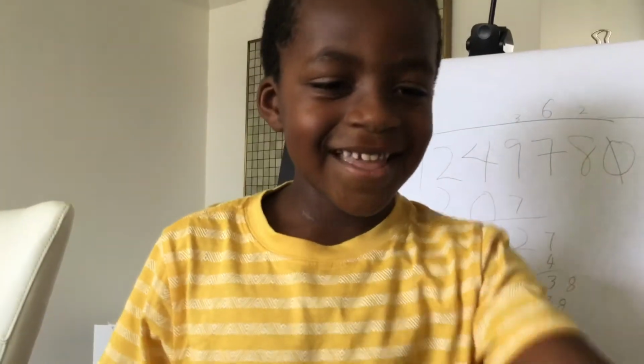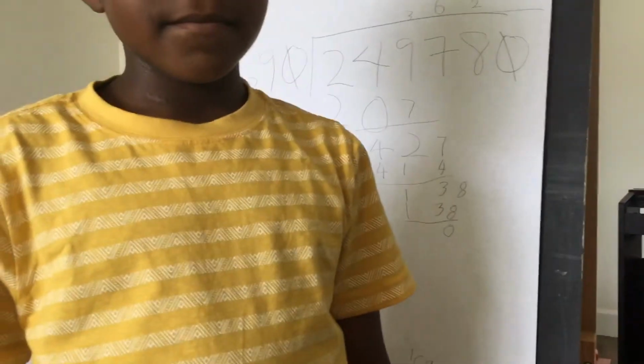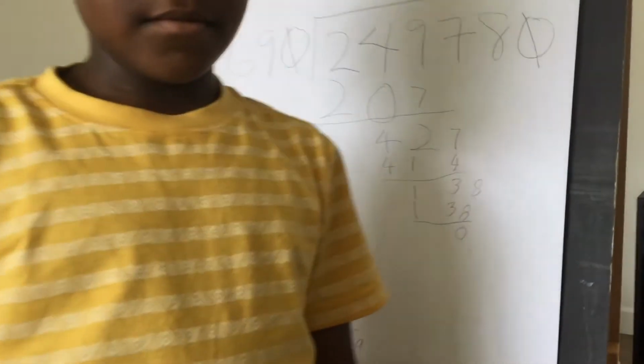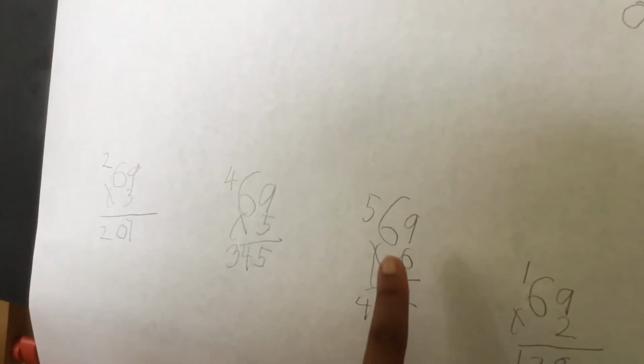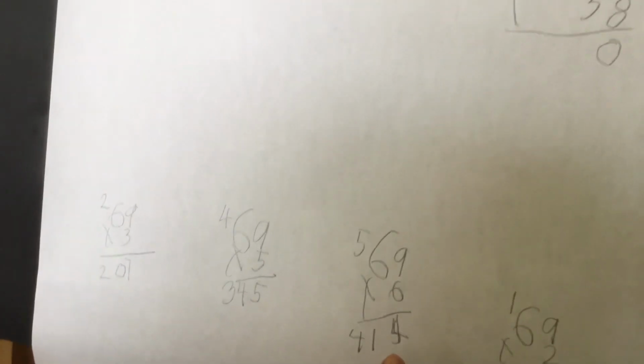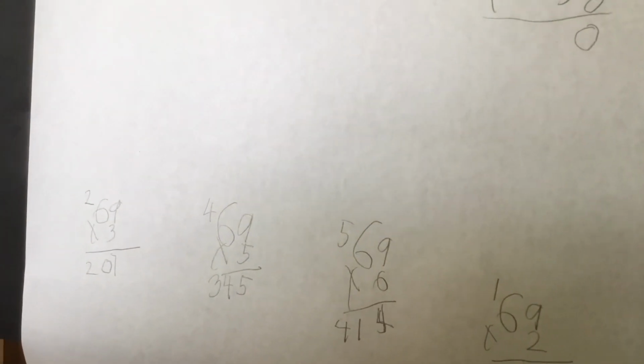You did it. Okay. Now, I want to ask you something. Over here, when you were trying to see if this was the closest, instead of saying 69 times 6, what is something else you could have done to see if you were closer?